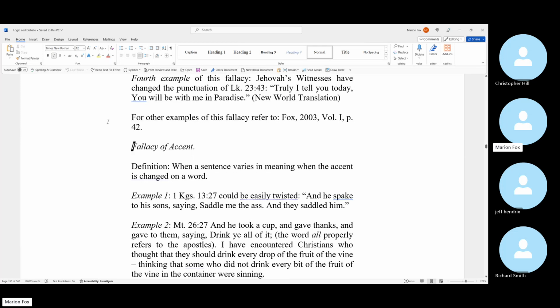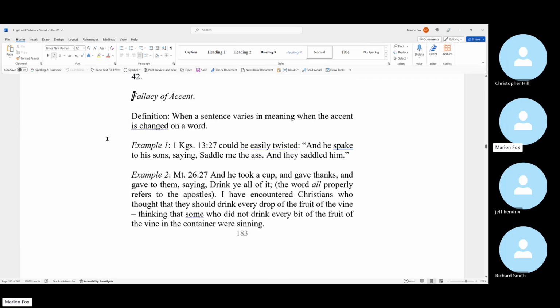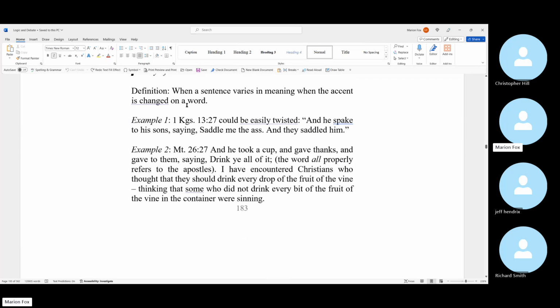Now, the fallacy of accent. You can change the accent on a word and change what it means. Here's one, 1 Kings 13:27. It could be easily twisted. "And he spake to his sons, saying, 'Saddle me the ass,' and they saddled him." What did they do? Did they saddle the man or did they saddle the ass? Obviously they saddled the ass, they didn't saddle the man.